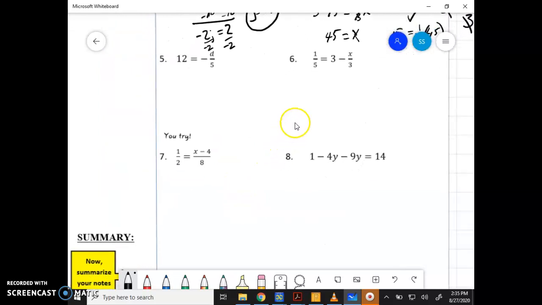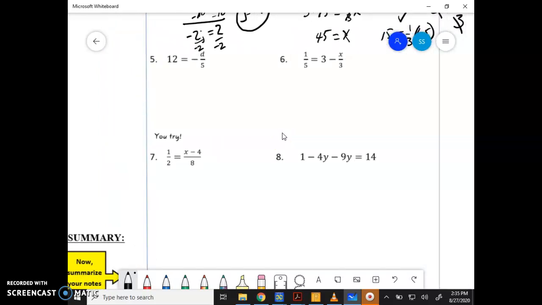Okay, number 5. I'm going to go ahead and just erase a little bit up here. All right, so we only have one operation to do. For this one, it's probably a good practice to always put that negative with the denominator.